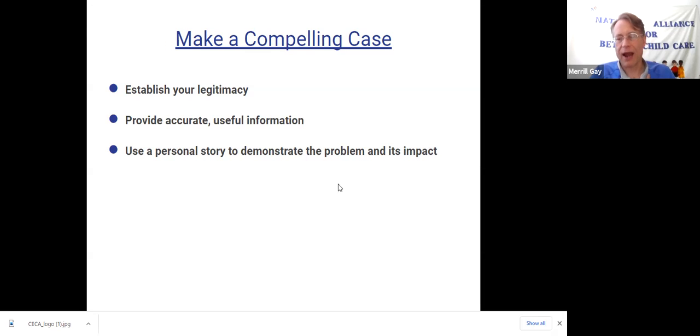I love me a good graph and a good chart, but legislators see charts and graphs all the time, and they go in one ear and out the other. What is much more compelling is hearing from a constituent who can talk about the impact of the problem.